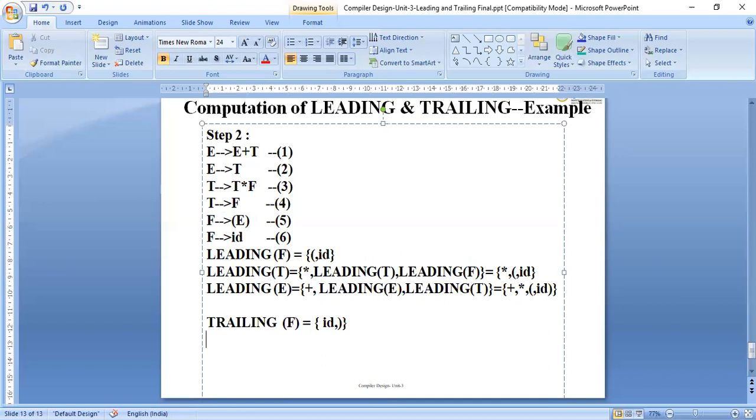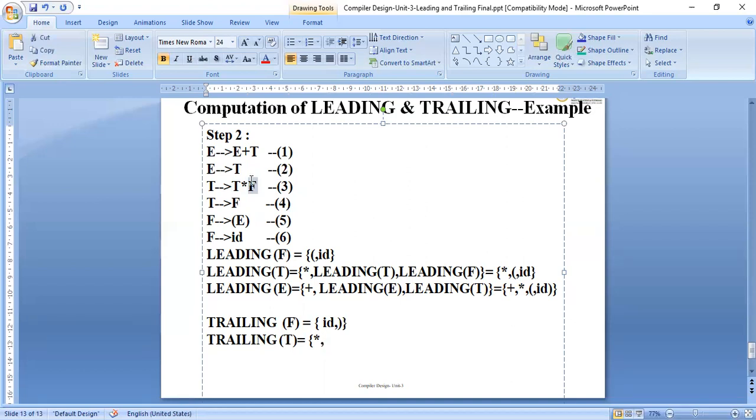Now you take trailing of T. When you take trailing of T, from the last, what is the terminal symbol? Star is there. So F followed by star. As per rule 1 we found that star. Rule 2, from the last, what is the symbol?